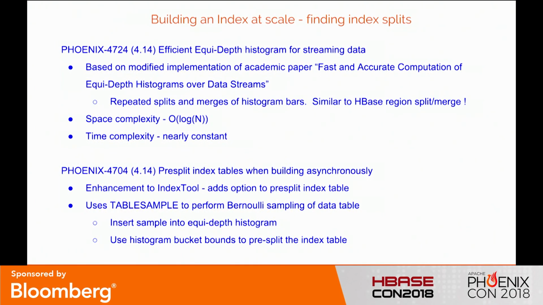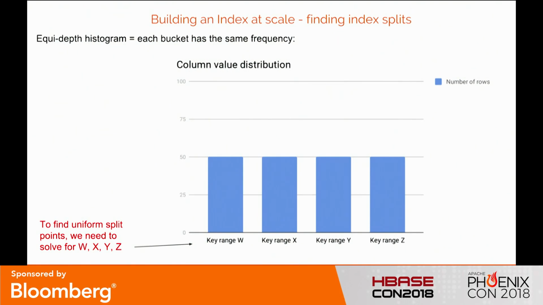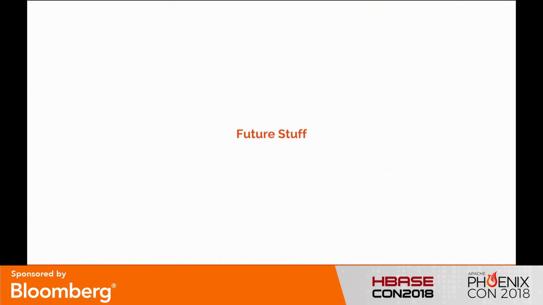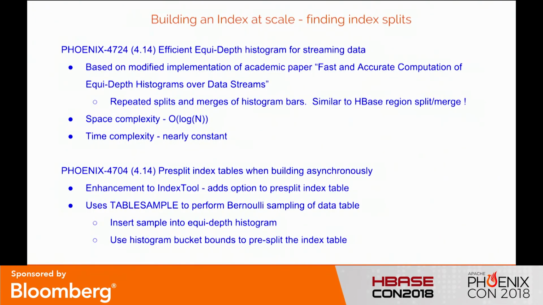Bernoulli sampling means every point has an equal chance of getting selected, so it's a fair selection. Then we have these histogram bounds, and we pre-split our index table based on those bounds. These are in 4.14, yes.